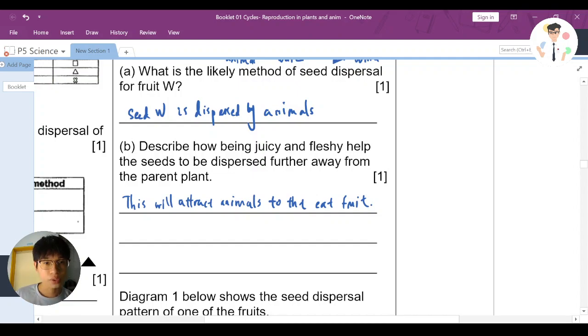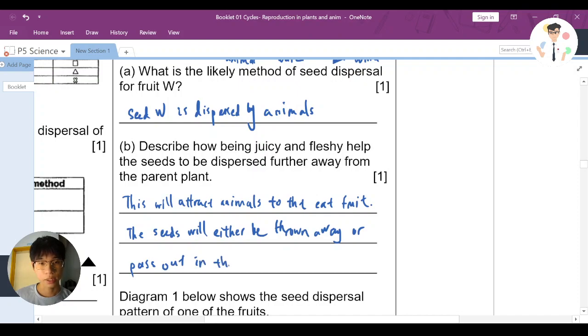So the seeds, depending on whether they are big or small, will either be thrown away or passed out in their droppings after the animals have gone to a certain distance.